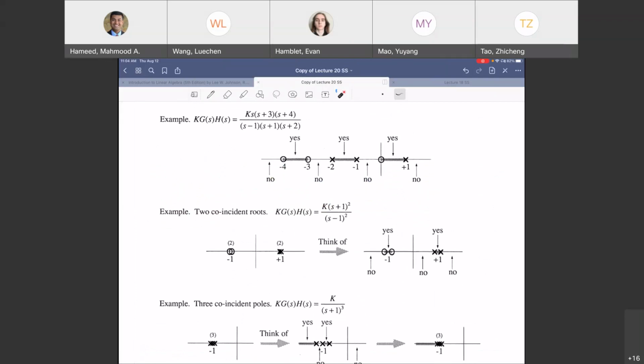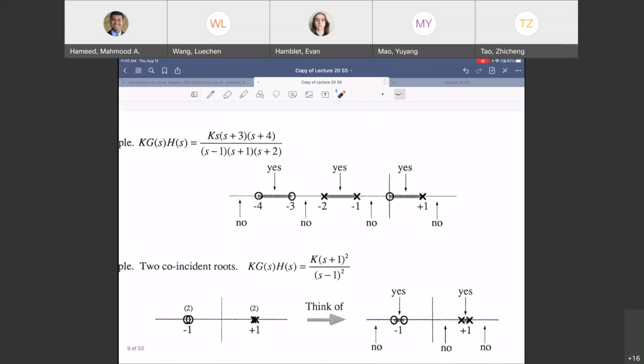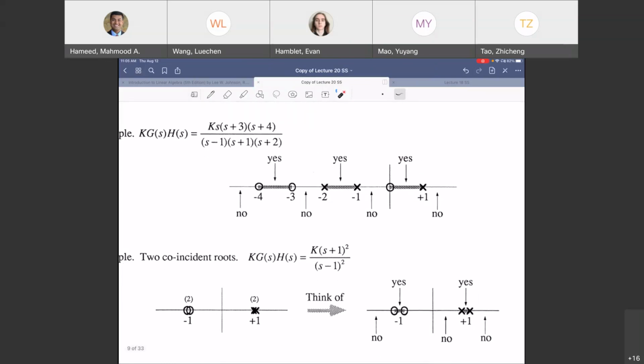So these are 3 examples on this slide, and we are only interested in the root locus on the real axis. We are not observing other aspects. So here, what is happening? This is the loop transfer function or open loop transfer function, K G(s) H(s).